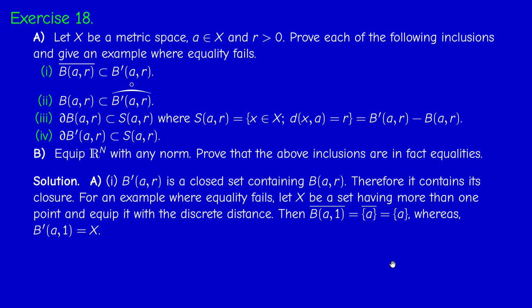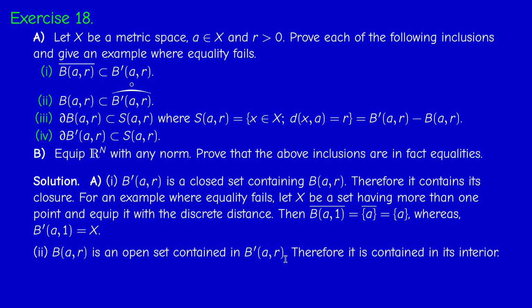Now, second inclusion, very similar because the open ball is an open set and it's contained in B prime AR, the corresponding closed ball, but the interior of this closed ball is the biggest open set contained in this set. So therefore, it contains BAR. So almost straightforward.